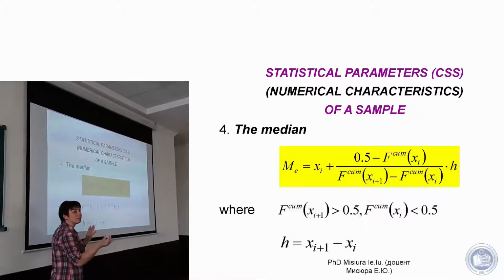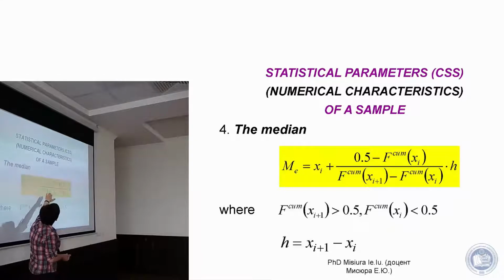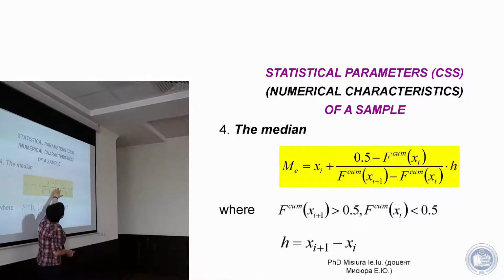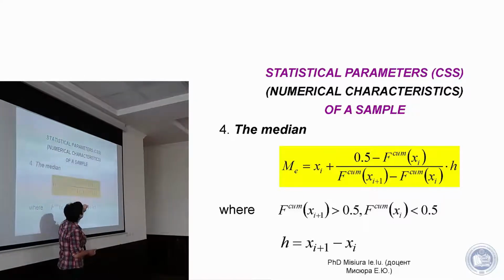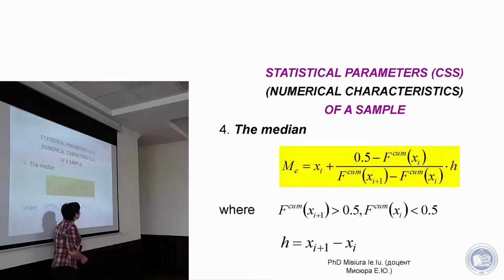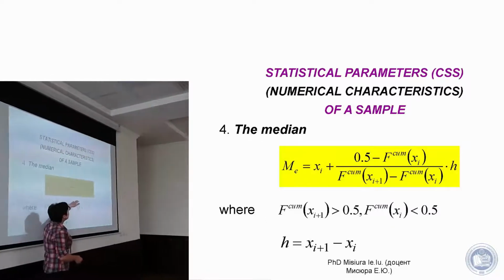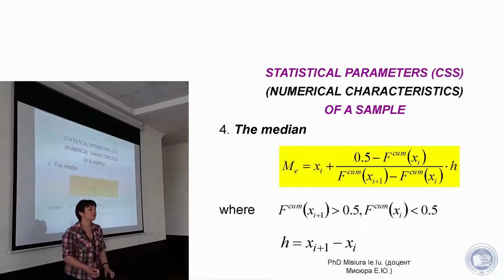Okay, 0.5 minus f cumulative of xi divided by f cumulative of xi plus 1 minus f cumulative of xi, and this fraction multiplied by h. Let's copy out this formula.